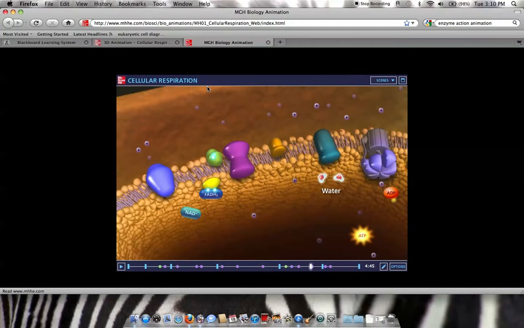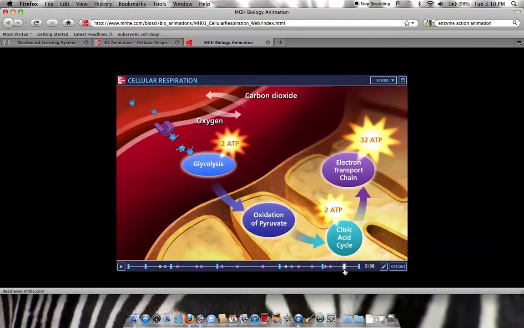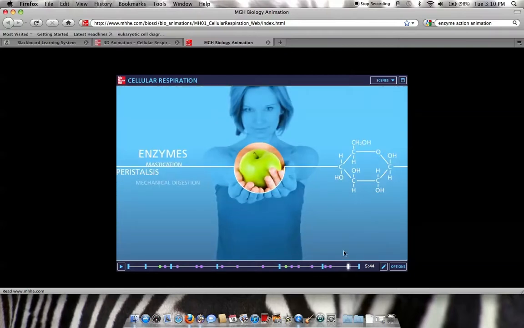So I hope you understand a little bit better about the whole process of cellular respiration. I like the way the author is giving you an example. You eat this piece of food and then you digest it, and then these chemicals go into your body and they're changed into energy that we can use, ATP.